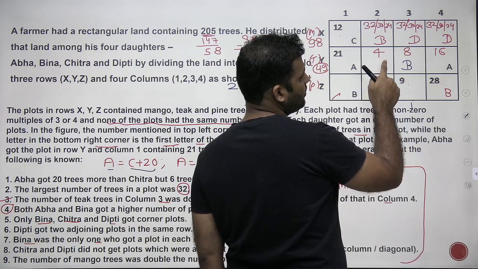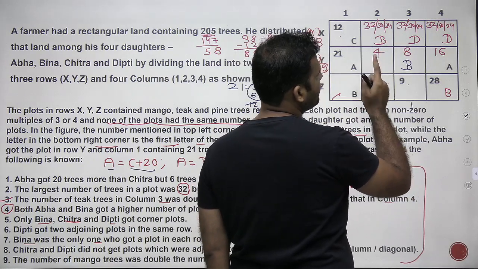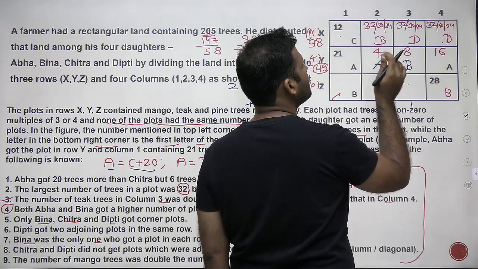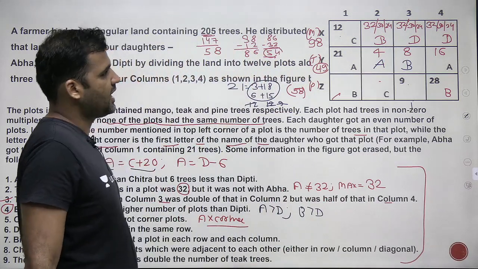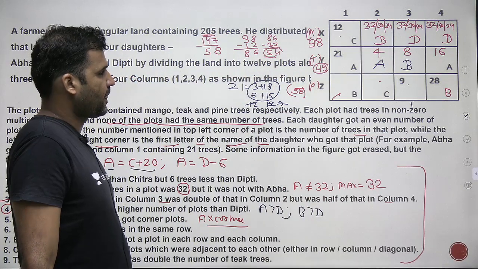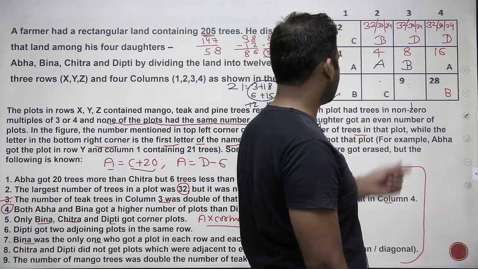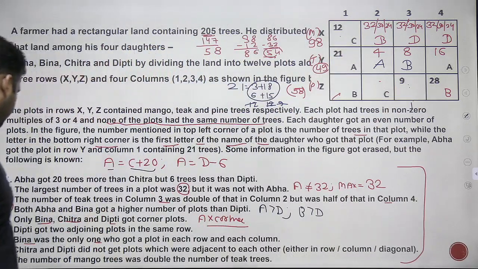So if I assign this to C, C and D will be adjacent, right? So B cannot come here, C cannot come here, D cannot come here. The only option left for me to assign this plot is to give it to A, right? So this plot must belong to A. Now we still have one more option here. This value is still not assigned to anybody.